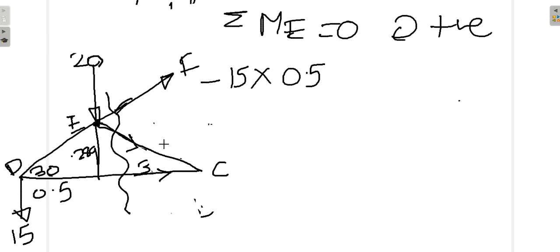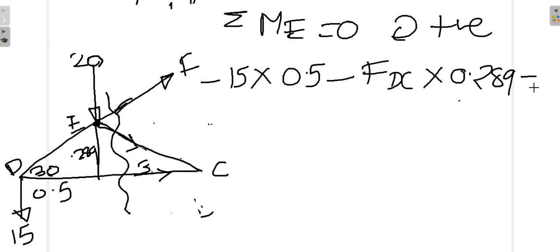Now it is also acting, you can see the force is here, it is going here, so we are going to take a turn like this, which is in the anti-clockwise direction. So minus FDC into this distance 0.289 equal to 0.